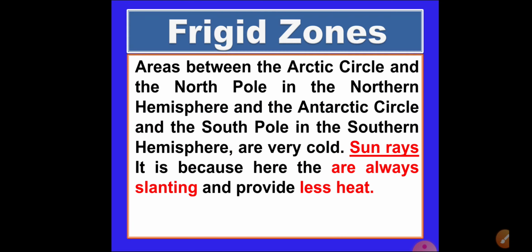Coming to the frigid zone, the areas between the Arctic Circle and the North Pole in the northern hemisphere, and the Antarctic Circle and the South Pole in the southern hemisphere, are very cold.